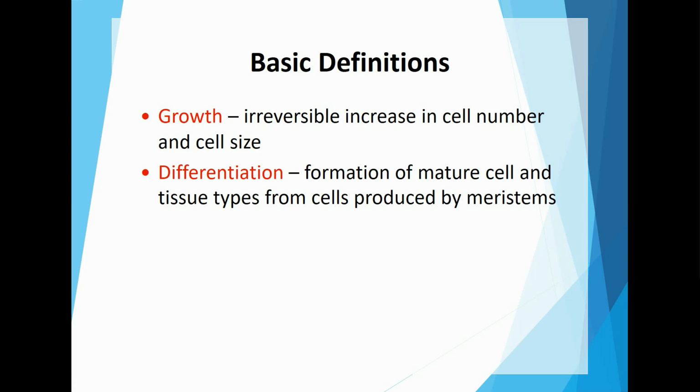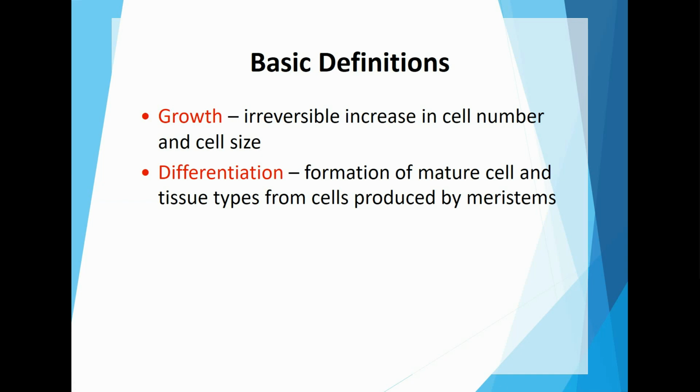Remember, just basic definitions. Growth is an irreversible increase in cell number and cell size. You cannot go back to being a baby. A tree cannot go back to being a seedling. Even if you cut the tree down, it's still going to grow straight from those branches into another shoot with multiple meristematic regions.